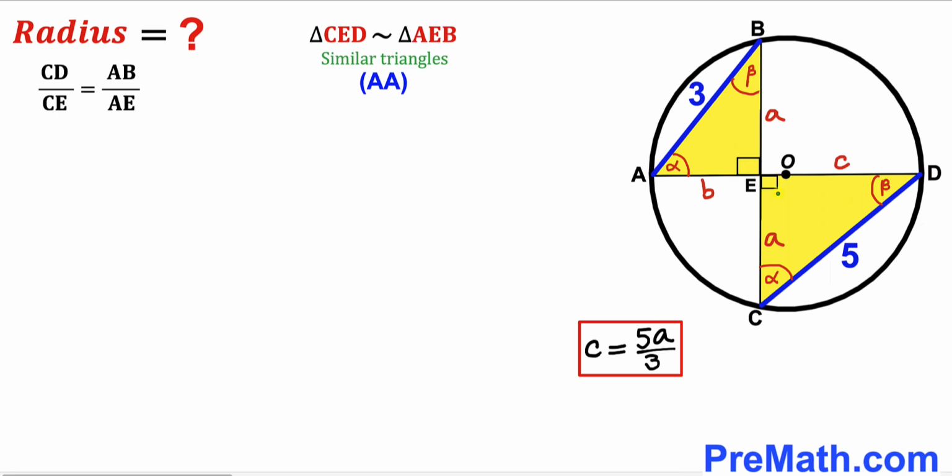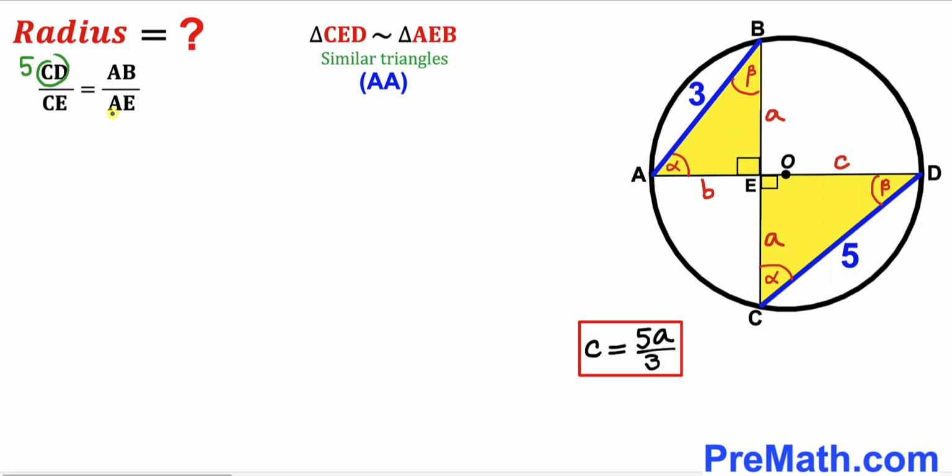If we focus on these right angles and these angles beta, then the ratio of CD and CE is equal to the ratio of AB and AE. Now let's focus on this CD length. We can see this is 5, so I'm going to replace that with 5.